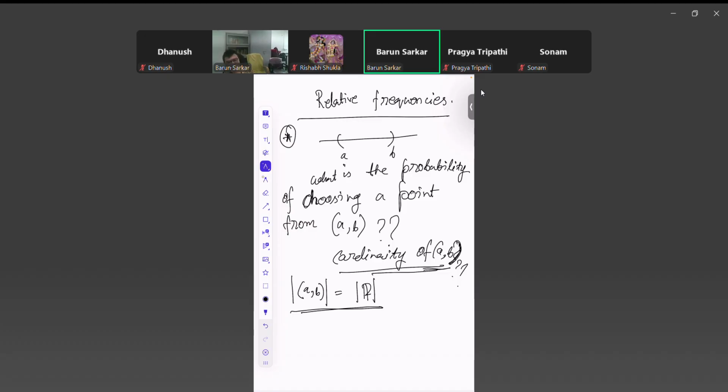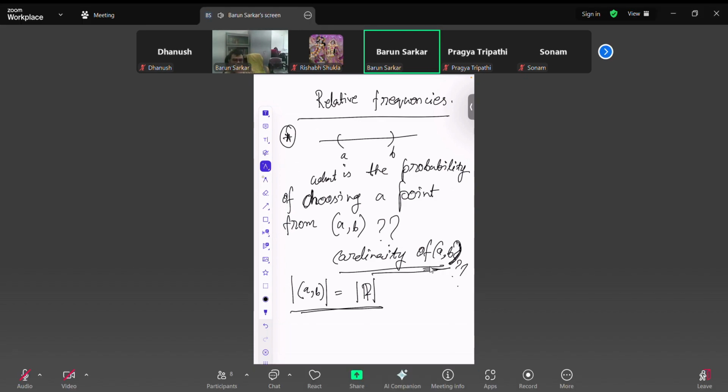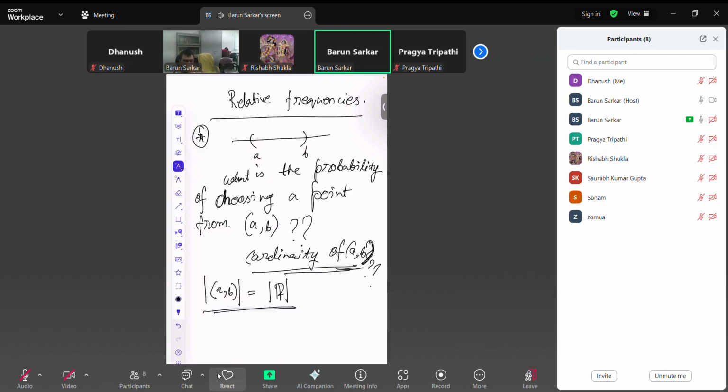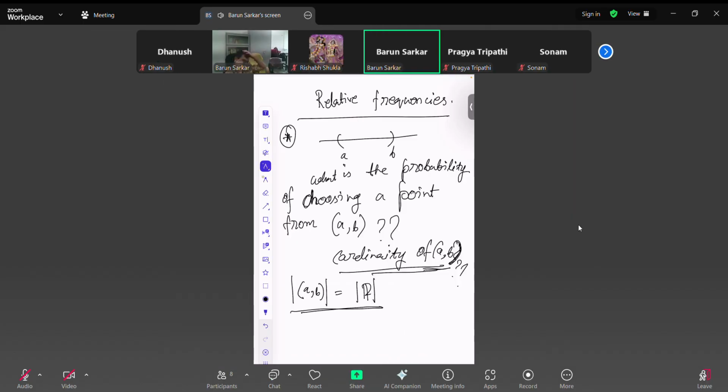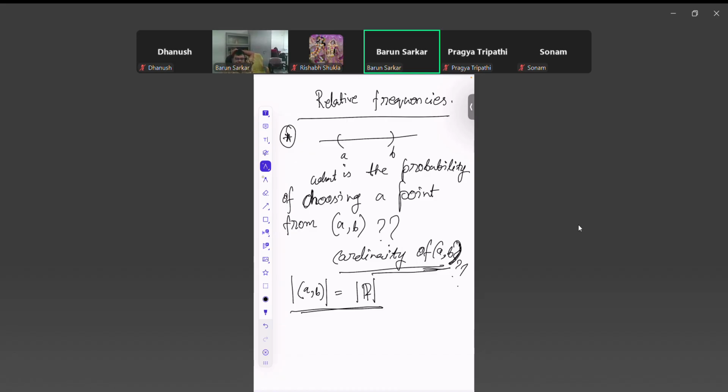What is the relative frequency definition? What will be the answer? As somebody told, the cardinality is infinity. Now, what is choosing a point? You are choosing a point, and your omega space AB has an infinite number of points. So what will be the probability of choosing a point?